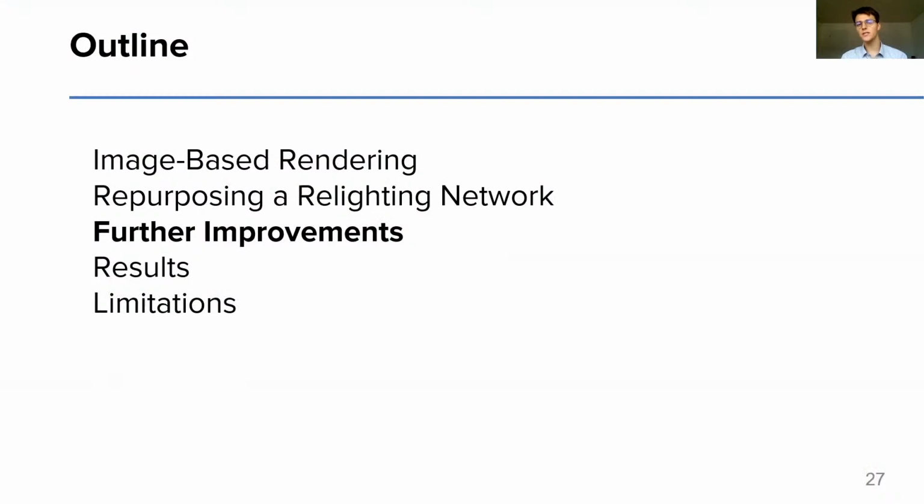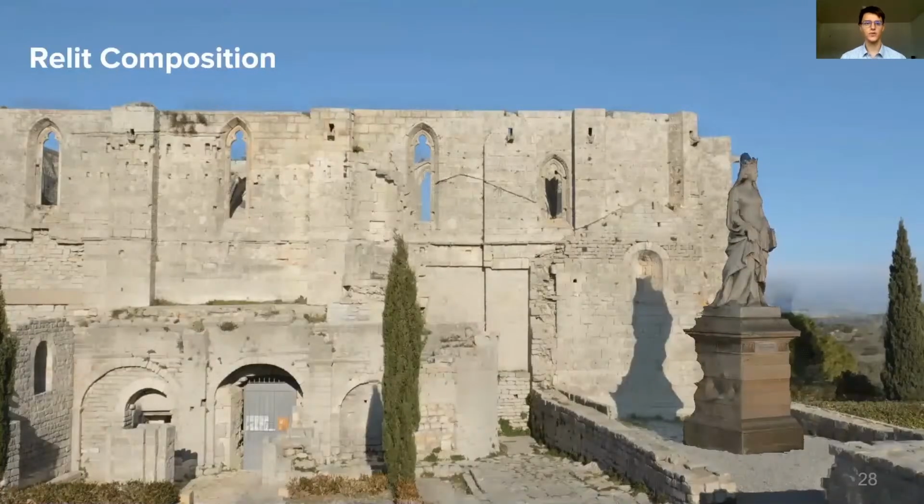Once we have coherent lighting, we apply a couple of tweaks to improve the realism of our results. The first one is to provide the user with control over color temperature of each object. We do this because scenes may have been captured with different cameras and different camera parameters, and therefore the white balance may differ from one object to another in the composition, and that can be quite noticeable.